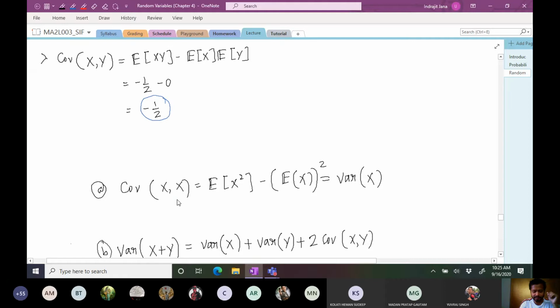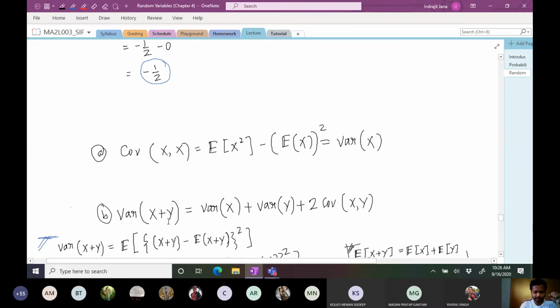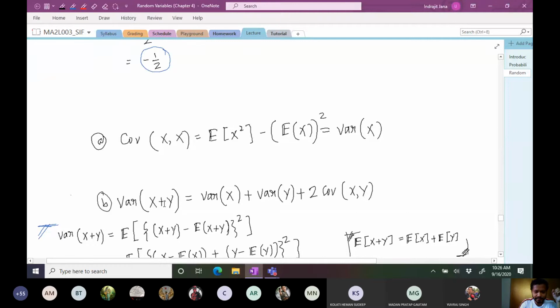And the second formula, which is written in B, is probably the most important takeaway of part 2 of today's lecture. Part B is the moral of this part. So part B is variance of x plus y.